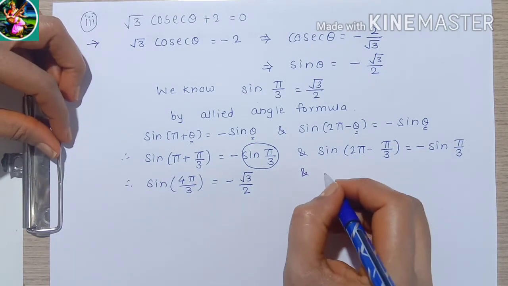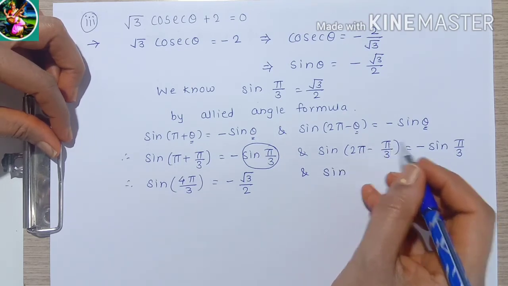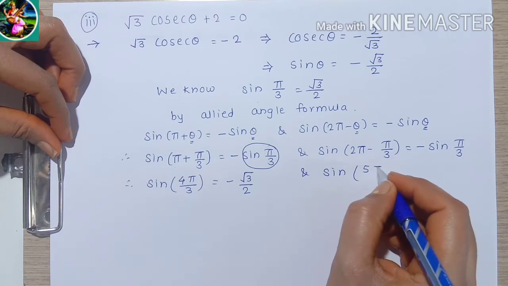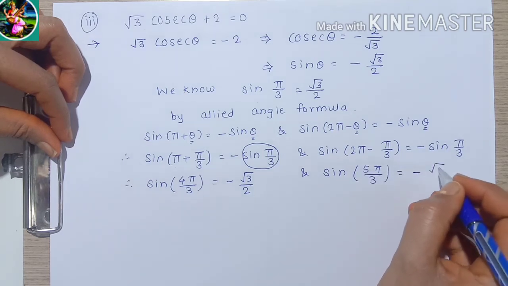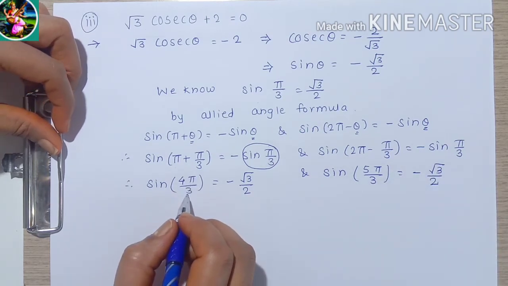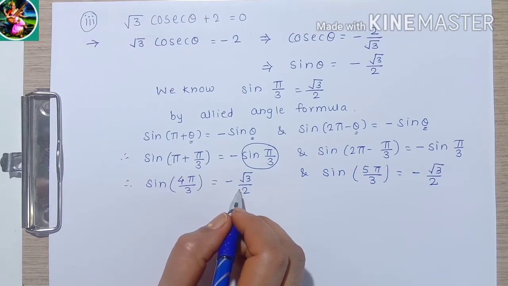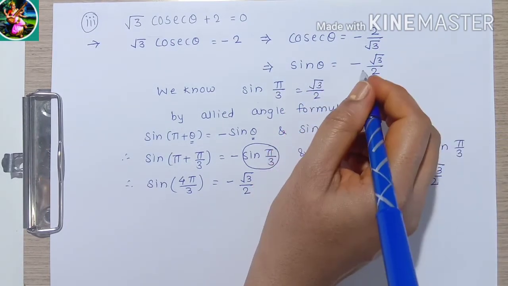And here also sin of, taking cross multiplication, 6 pi minus pi, that is 5 pi by 3, is equal to minus of root 3 divided by 2. So sin of 4 pi by 3 is equal to minus root 3 by 2, and here sin theta is equal to minus root 3 divided by 2.